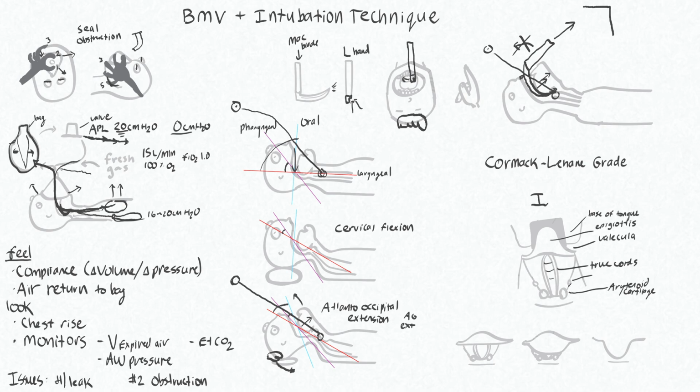And then a second set of paired cartilage here called the cuneiform. This fold that connects your arytenoid cartilage to the epiglottis is the aryepiglottic fold. And then you are even able to see here where the anterior part of the chords meet each other. So that's your anterior commissure.